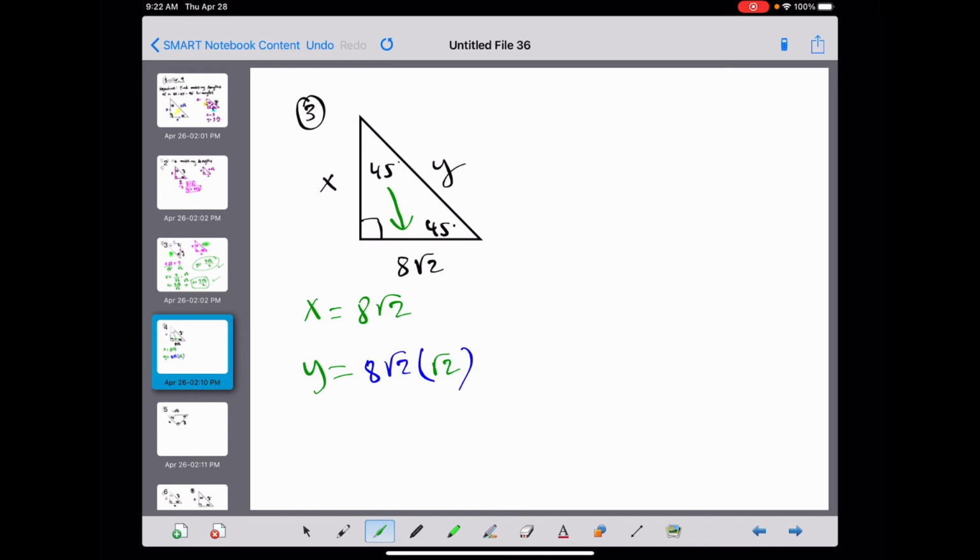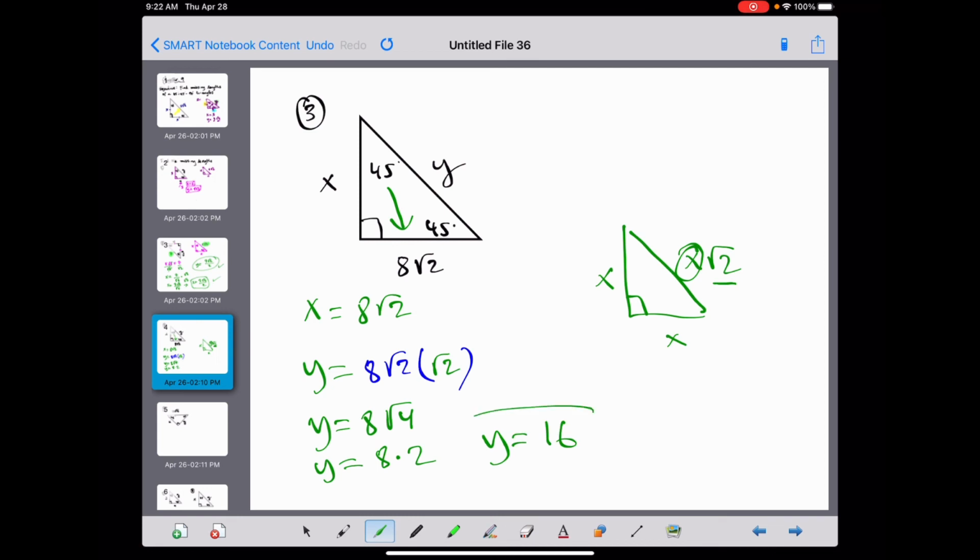Does that make sense? Because remember, for 45, 45 it's x square root of 2. So whatever x is, in this case 8 square root of 2, you multiply with square root of 2. Then we get 8 square root of 4, which is 8 times 2, so y is 16. So y is 16, and x is 8 square root of 2.